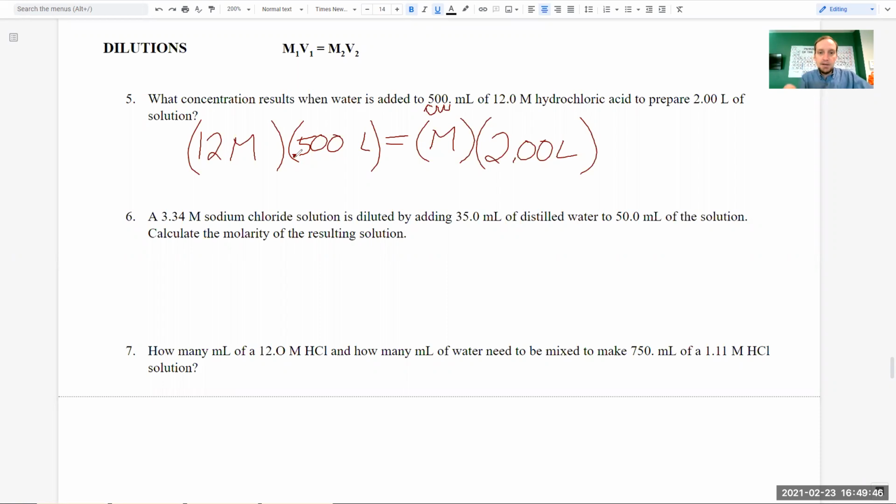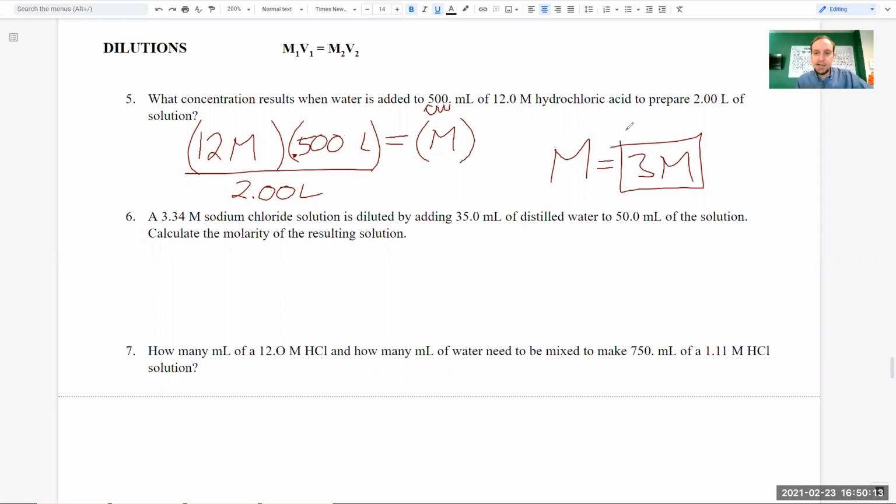So I'm going to divide this side by 2 liters, which cancels that out, to get our M all by itself. So 12 times 0.500 divided by 2.00 gives me a molarity of 3 molar. There's our answer. That's the molarity that it would be diluted to.